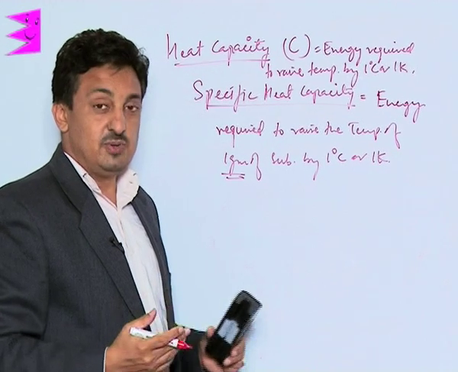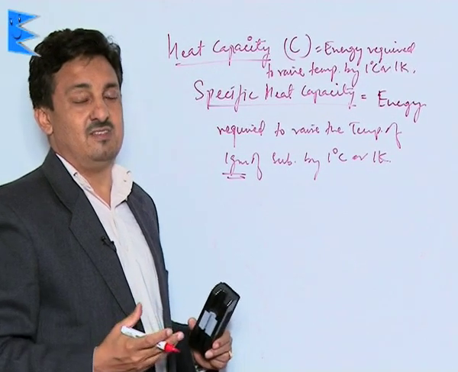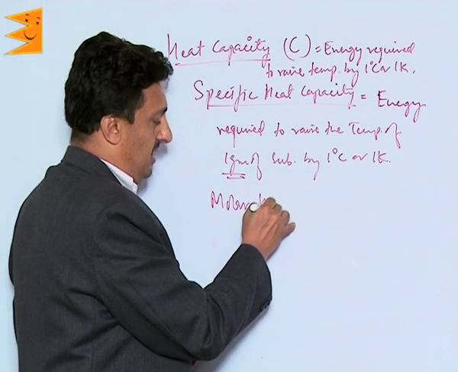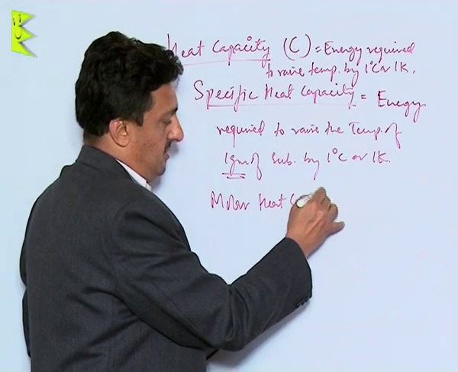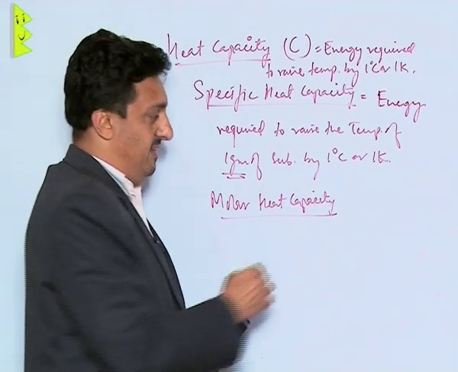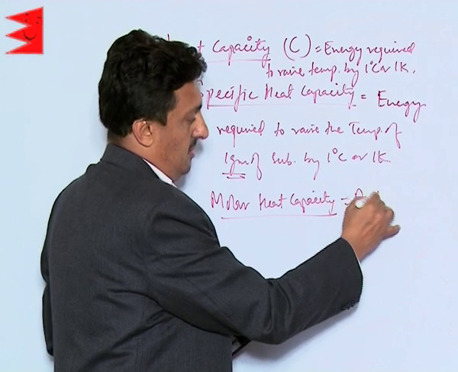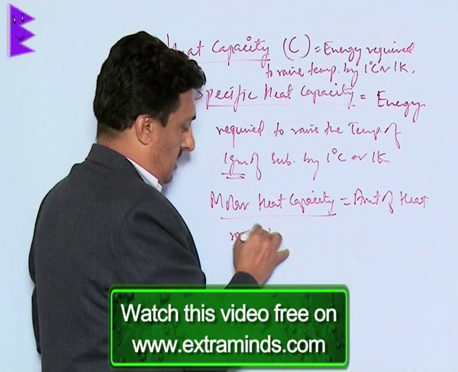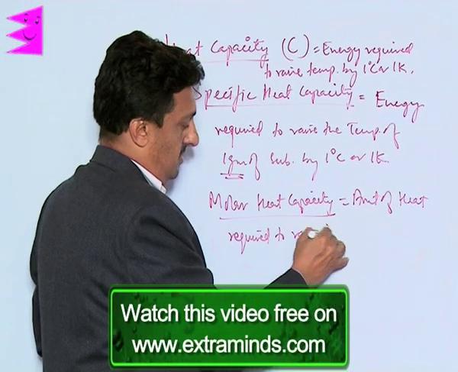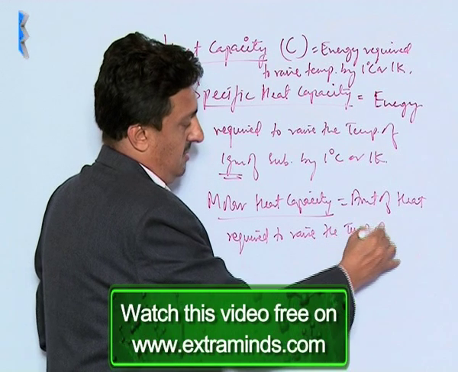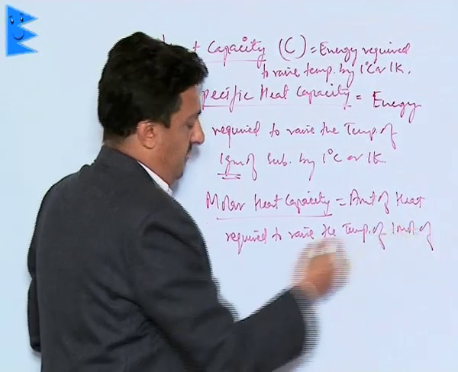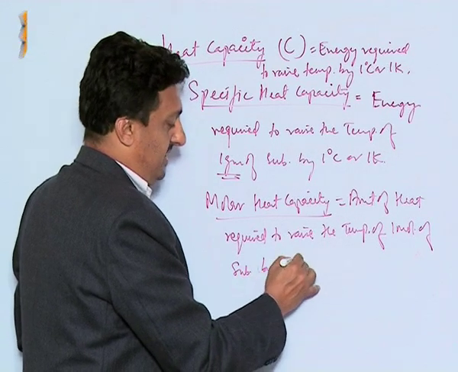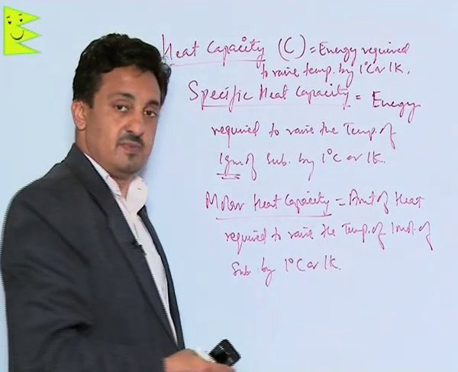But normally we take the amount of the substance in terms of its moles. That's why we have the third term, molar heat capacity. Molar heat capacity is the amount of heat required to raise the temperature of 1 mole of substance by 1 degree Celsius or 1 Kelvin.